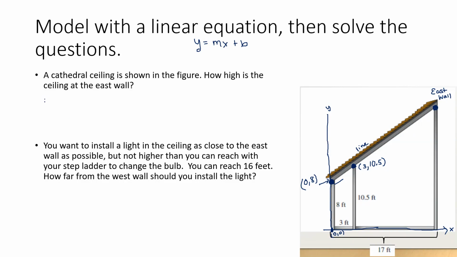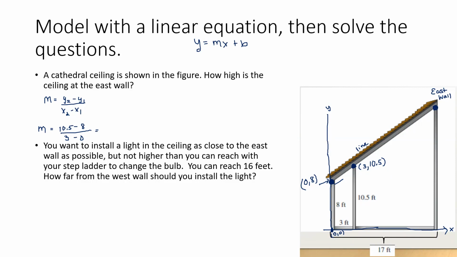So in that linear model, the first thing I need is slope. And I know that it's y2 minus y1 over x2 minus x1. And so the slope in this situation, my y2 is 10.5, my y1 is 8, and my x2 is 3, minus 0.